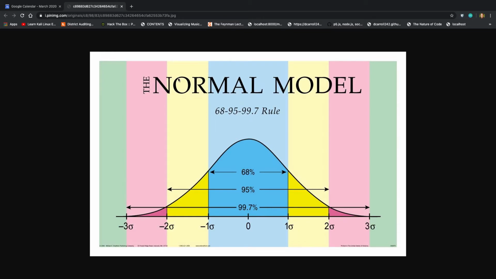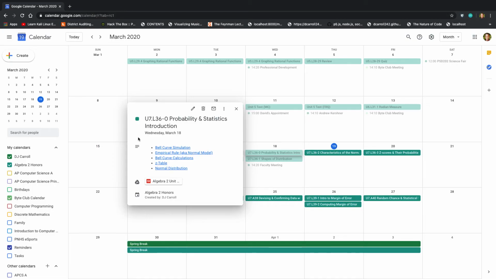You'll have to answer questions using the empirical rule without a calculator, and also without calculus, using the Z table, which I'll go to in a second, but first I want to show you what this looks like.